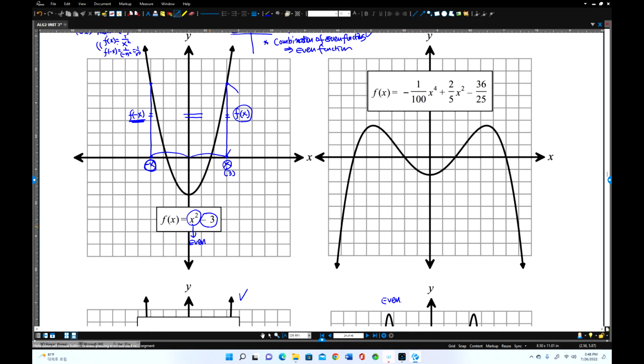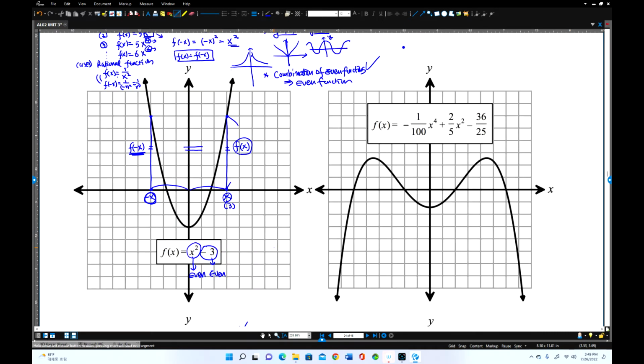Negative 3 is a constant, still even. So a combination of even functions using plus and minus, only plus and minus, not multiplication, is always an even function.